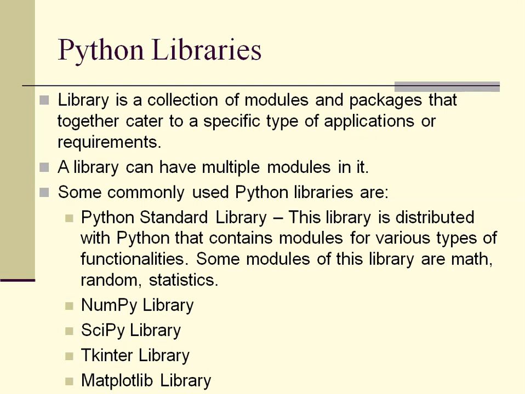Some examples are math, random, and statistics. These modules you have worked with in class 11th. When you download Python, these come pre-installed. So these are with the Python standard library.